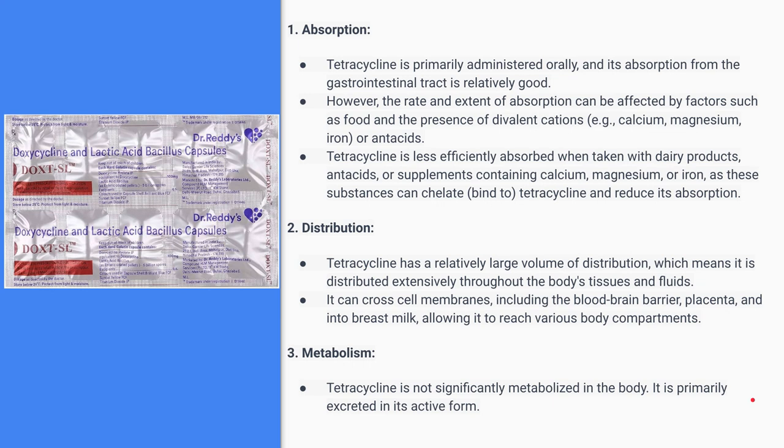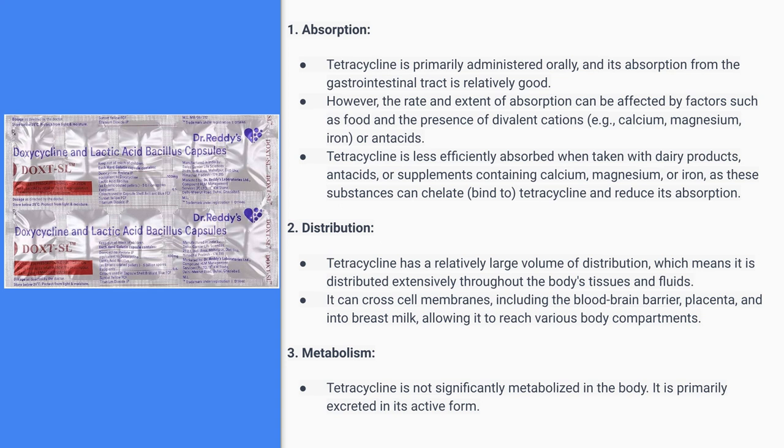Now, let us talk about the kinetics, the pharmacokinetics. So, do you recognize this medicine that is given on the left hand side? No sir. This is the medication which a lot of doctors have prescribed during COVID time for regular COVID cases.